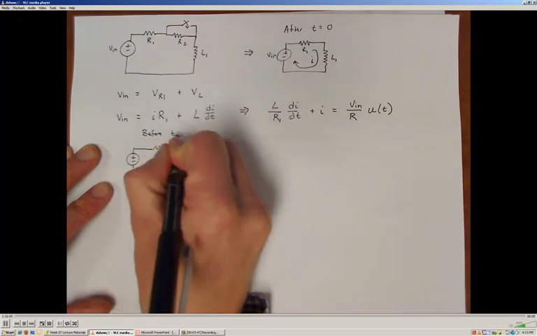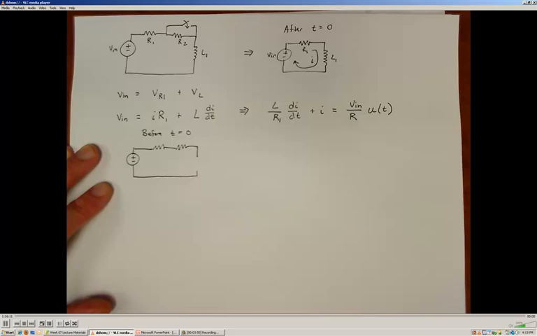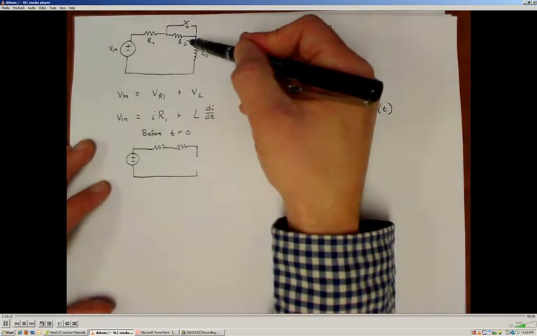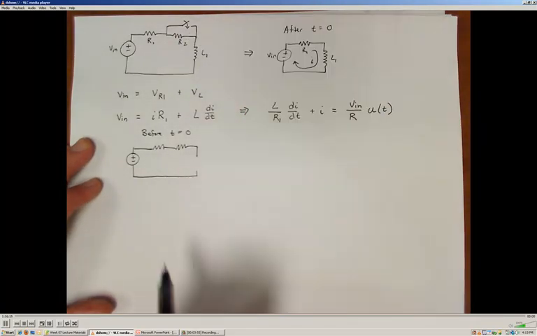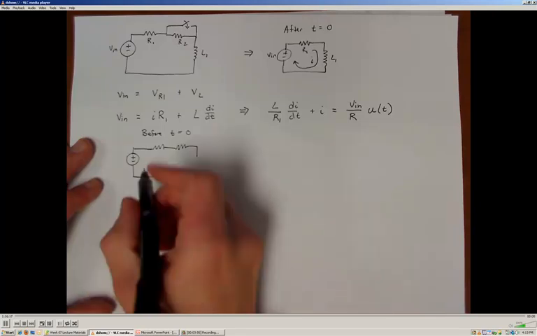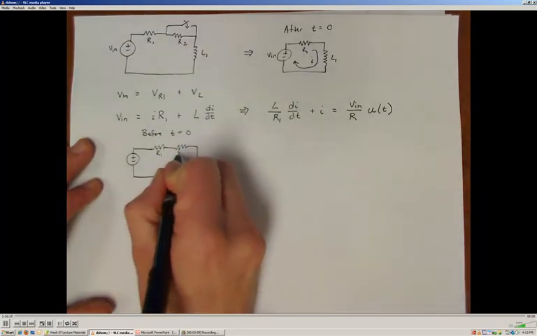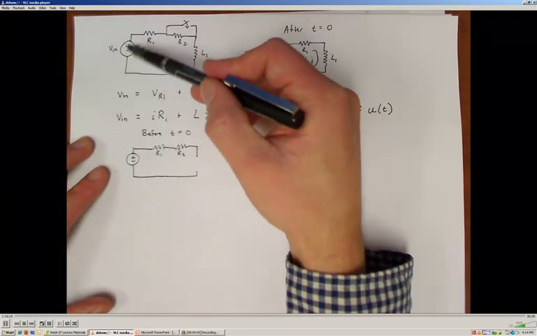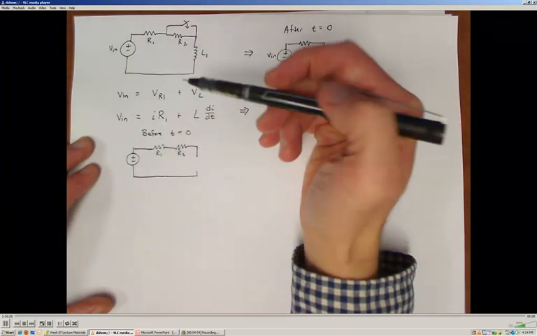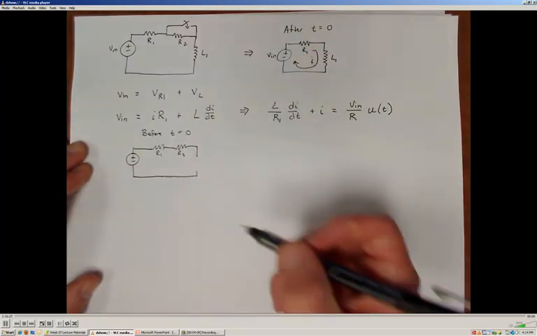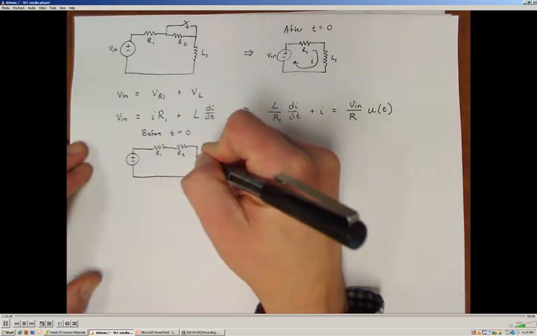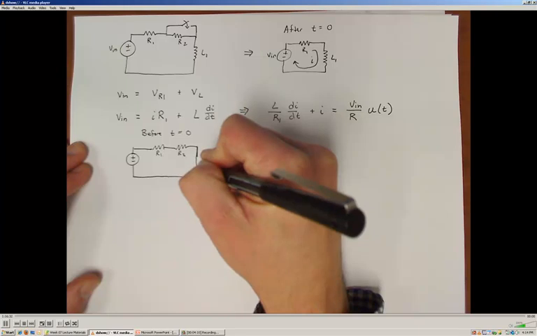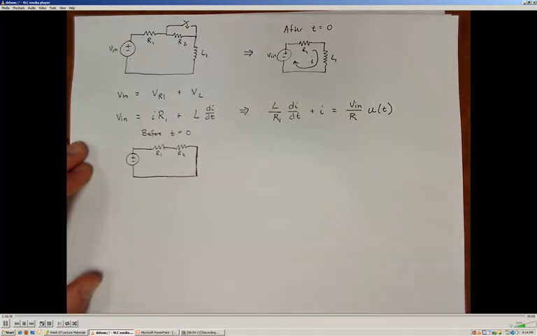time 0, right before that second switch closes around R2, the circuit is going to be represented like this, R1 and R2. And we're going to assume that this circuit has been operating in this state for a long period of time. When we make that assumption, based on the properties of inductors, inductors act like a wire if they've been operated for a long period of time.